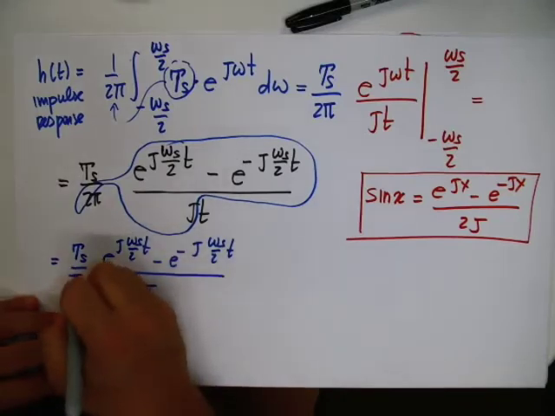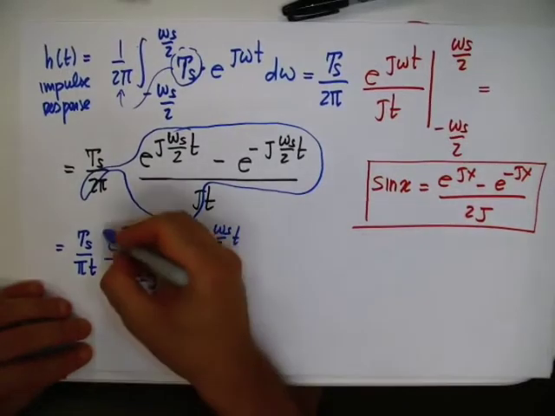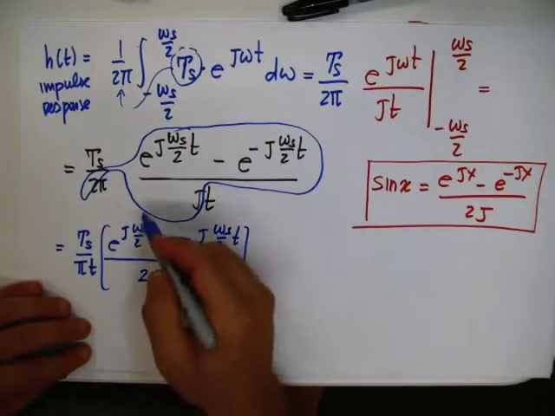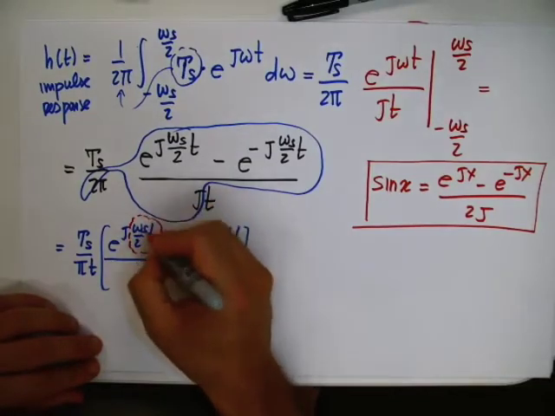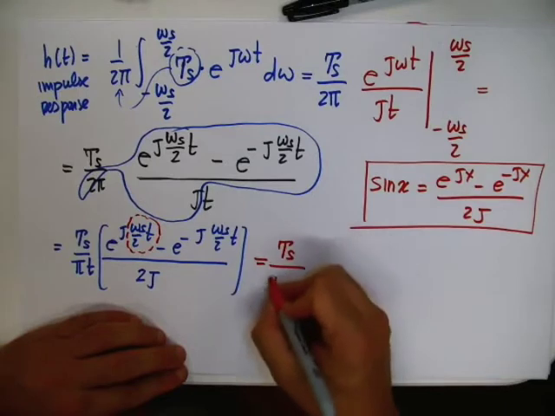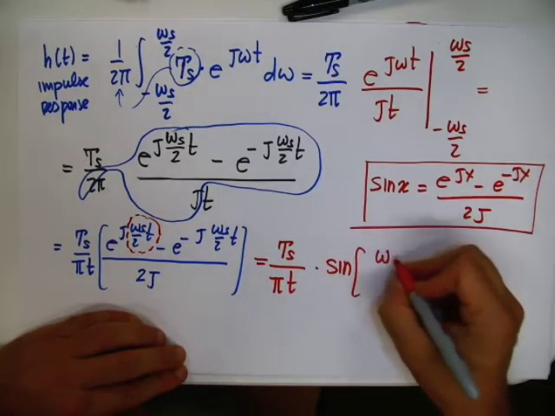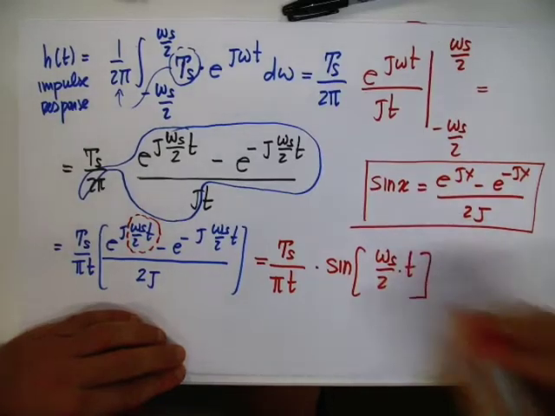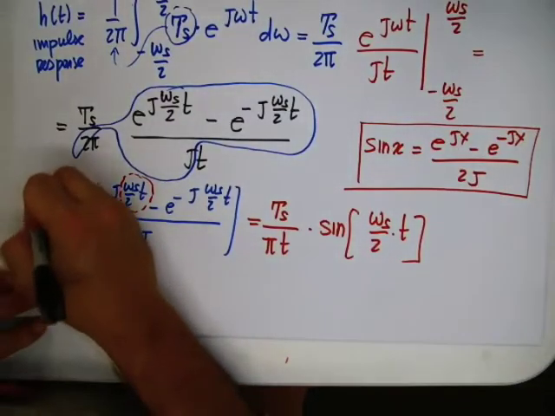This is Ts over pi, and then here I have t. So all of this is basically the sine of this quantity. So this is equal to Ts over pi t times the sine of omega s divided by 2 times t. So this is the impulse response.